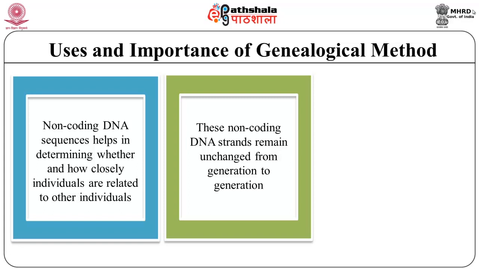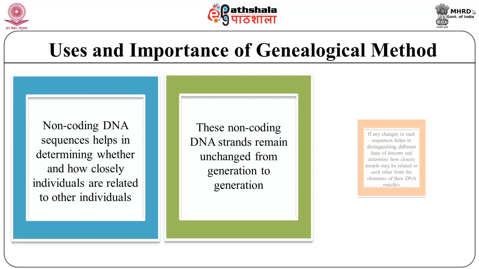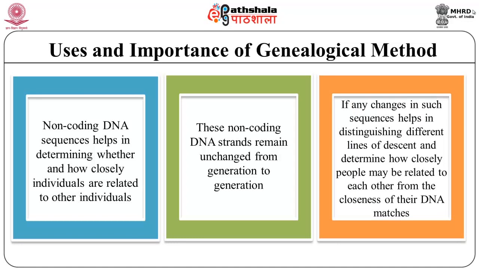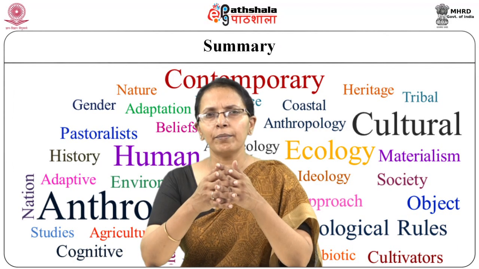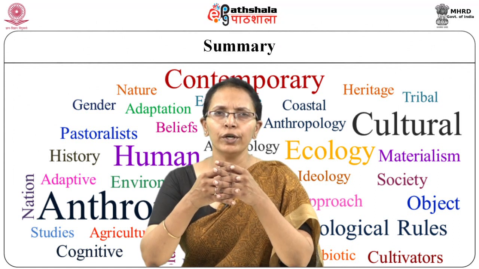These non-coding DNA strands remain unchanged from generation to generation, and any changes in such sequences help in distinguishing the different lines of descent and determine how closely people may be related to each other from the closeness of their DNA matches. Now let's summarize what we have learned so far from this module.